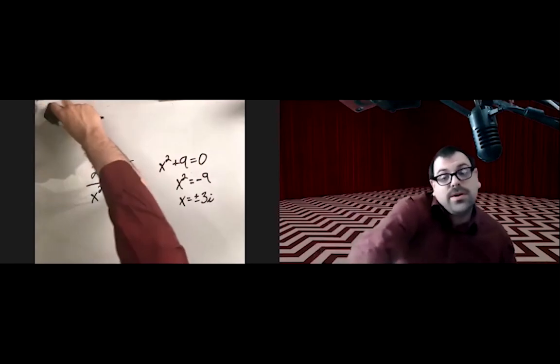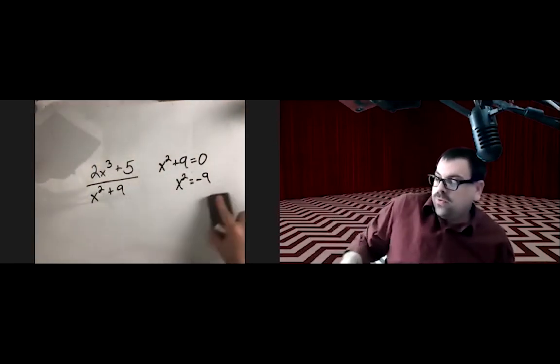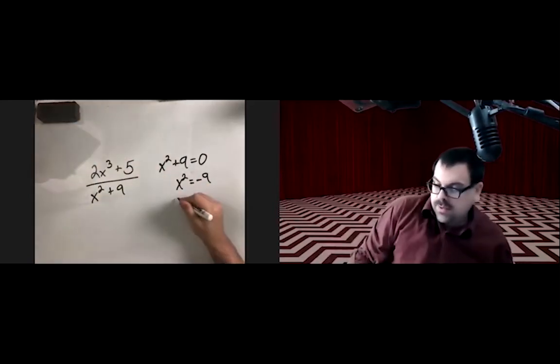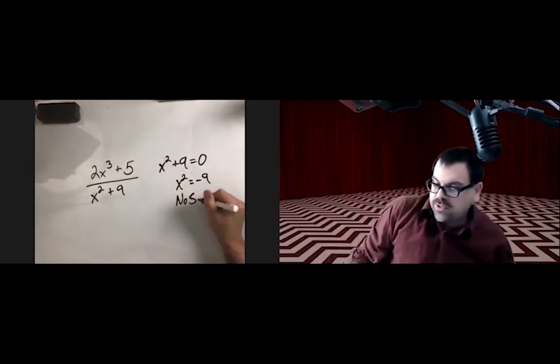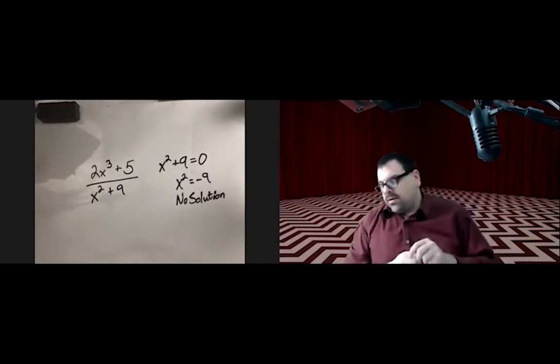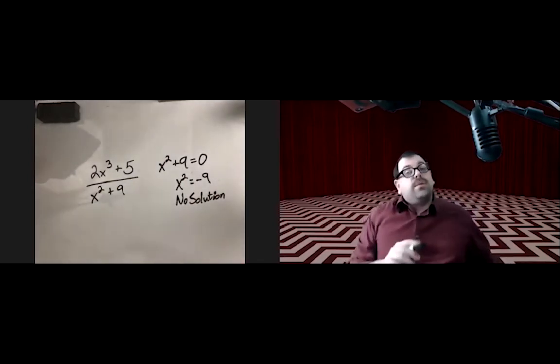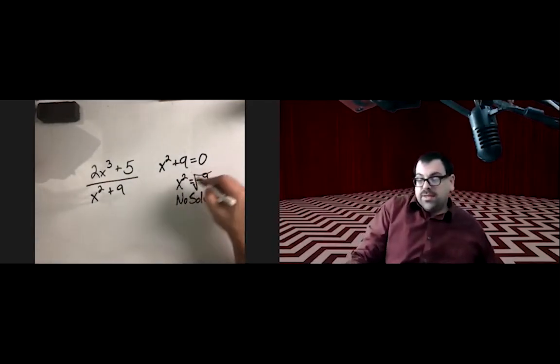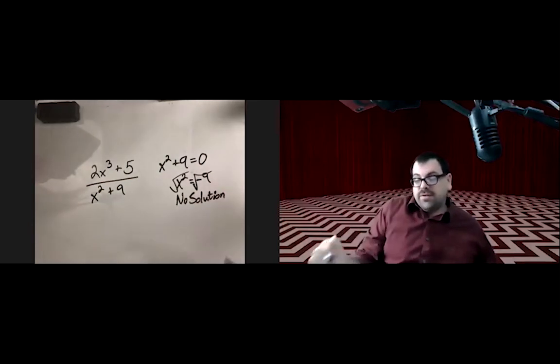So while we know that with complex numbers we can do i, when we're talking about the things that we can and can't have for x, those are real numbers only. And in the real number system, we cannot take the square root of a negative number.